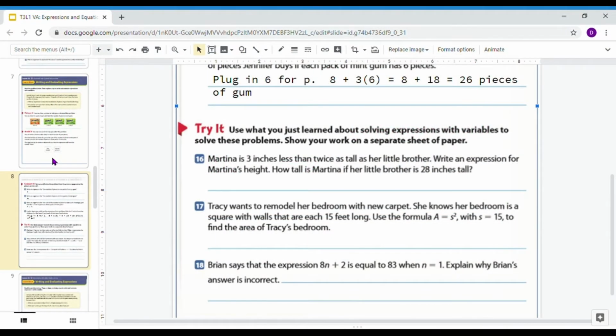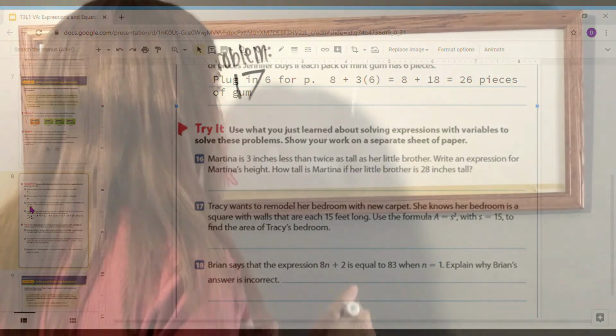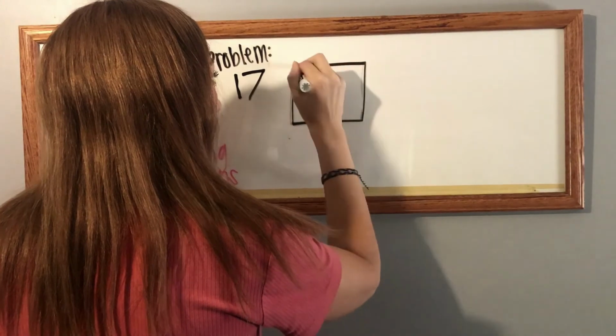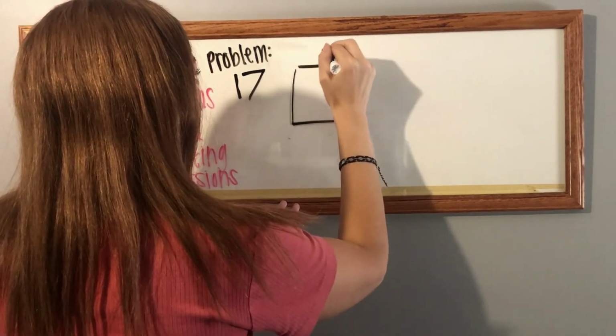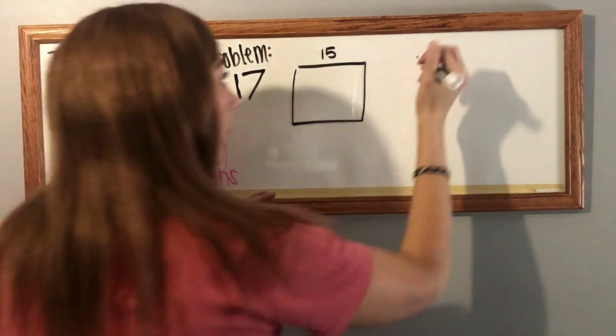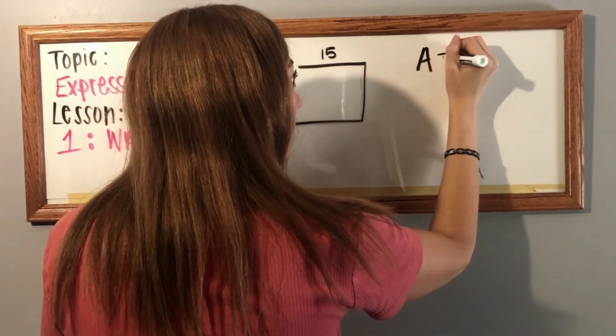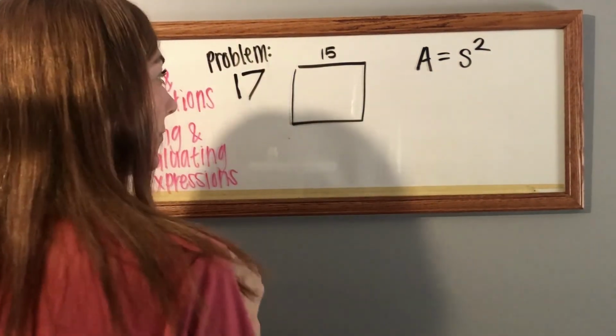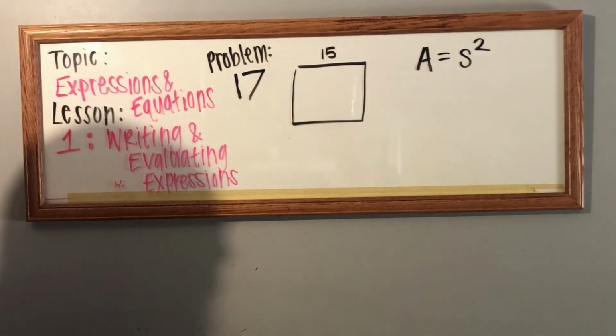And moving on to number 17. Tracy wants to remodel her bedroom with new carpet. She knows her bedroom is a square with walls that are 15 feet long. Use the formula A equals S squared with S equal to 15 to find the area of Tracy's bedroom.